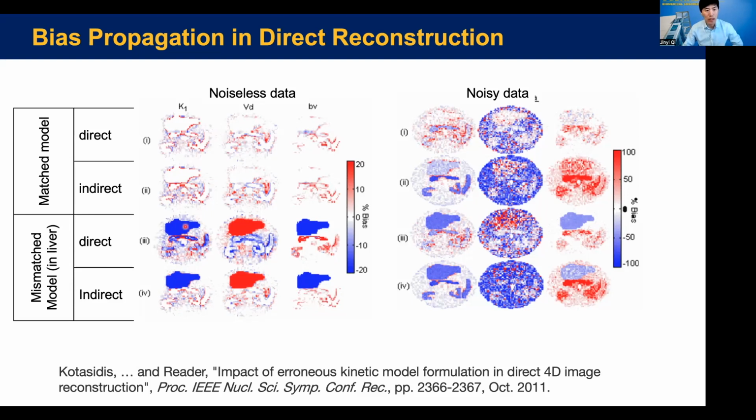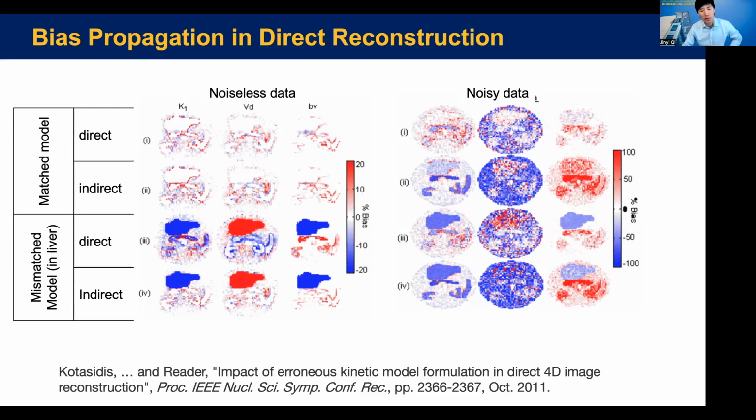Then in the liver, in both direct and indirect, we see a large bias. But in the indirect, the bias is pretty much limited inside the liver region, while in the direct reconstruction you can see this propagating to other regions in the field of view. This is for noise-free data, where you can obviously observe this effect.